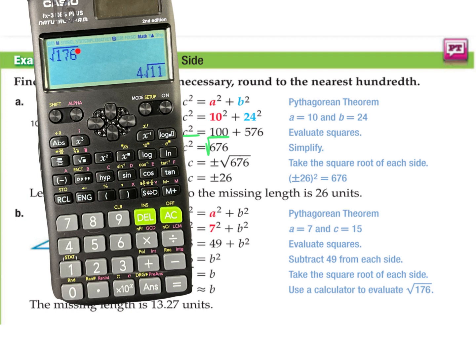So the square root of 176 simplifies down to 4 square root of 11, which is the exact same thing as the approximation 13.27. On your assignment, I'm going to ask you to write it as a simplified radical, a simplified square root. So you would type in square root of 176, and that would be your answer right there, 4 square root of 11.